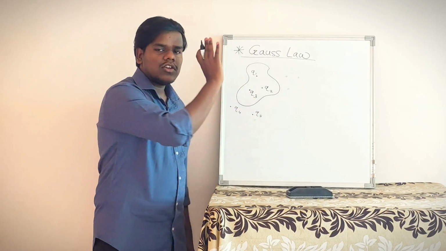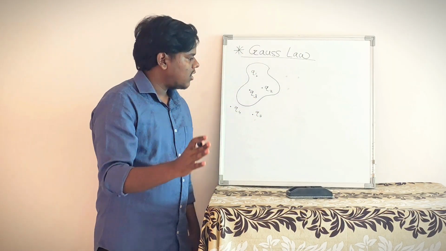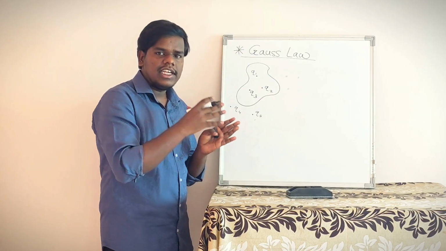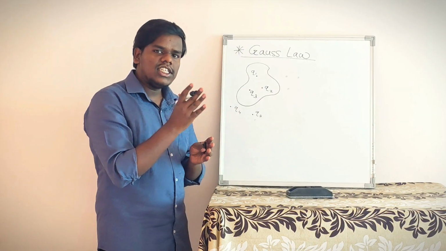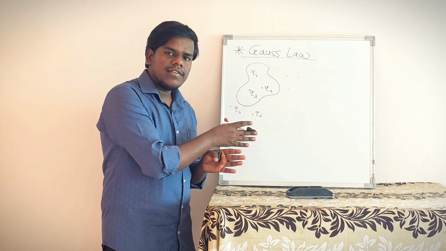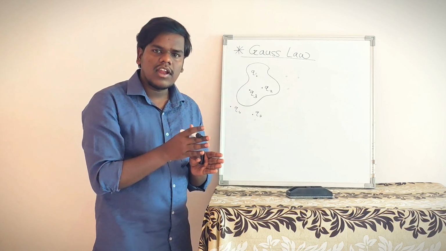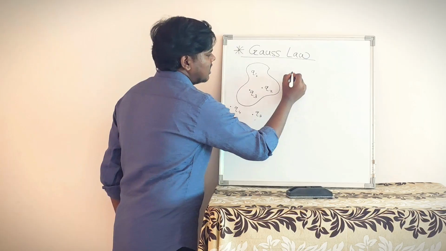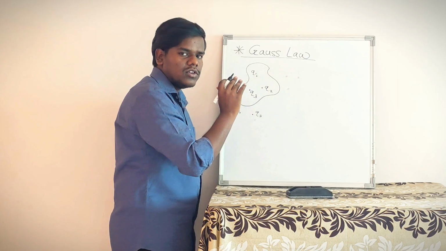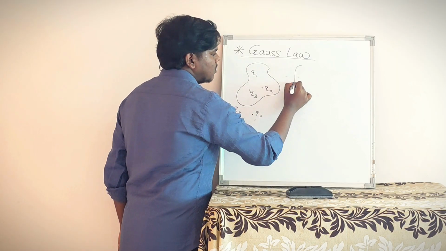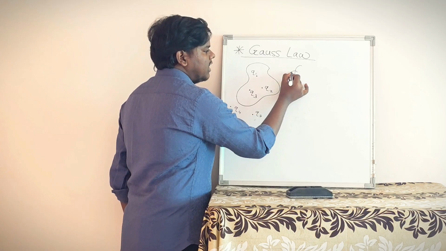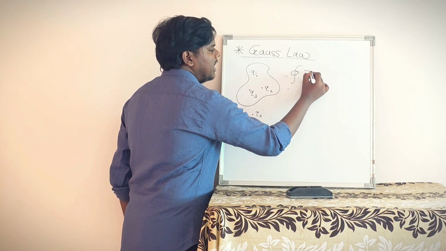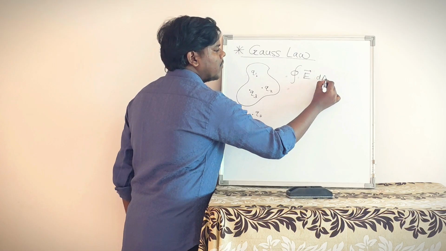So what does Gauss law say? Gauss law says that the flux through a closed surface is given as the total charge inside this closed surface times 1 upon epsilon naught. We write it like this: closed surface integration of E dot dA.